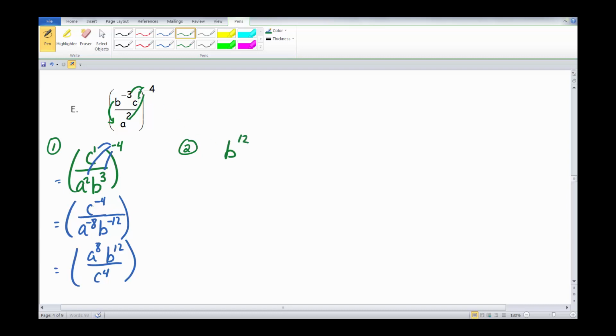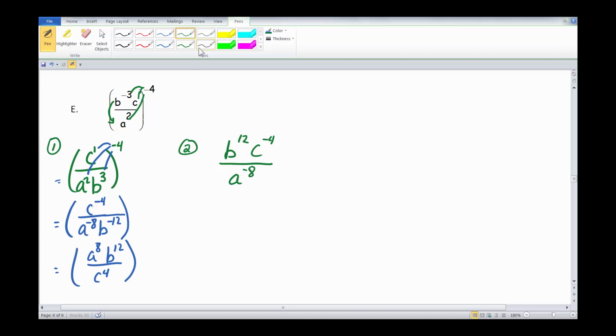For c, we have c raised to the first, power to a power, being raised to that negative fourth power, so we'd end up multiplying those exponents, giving us c to the negative 4th. And on the bottom, we have a squared being raised to the negative 4th power. Again, power to a power, multiplying those exponents, giving us negative 8.